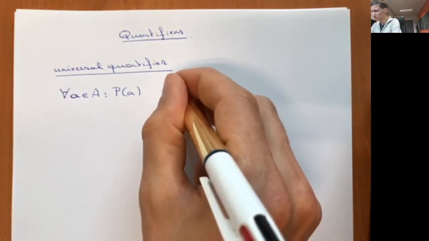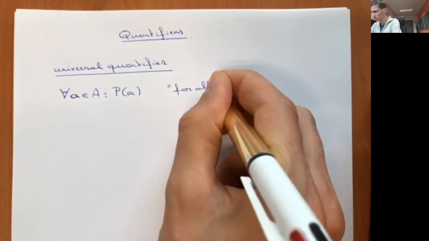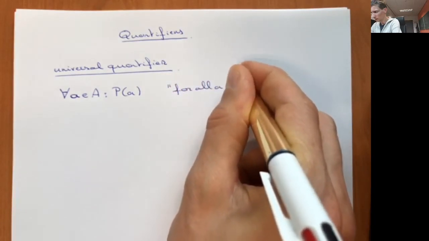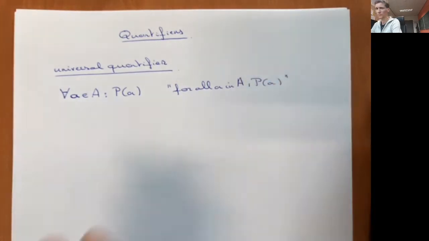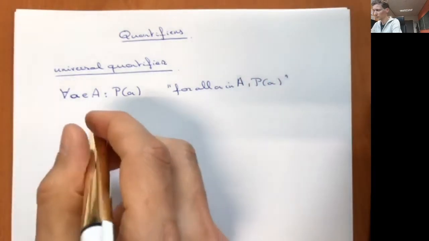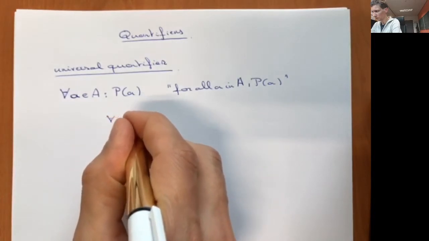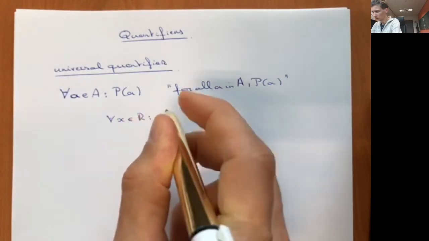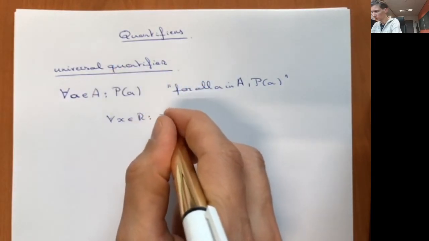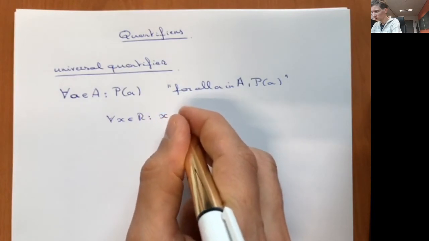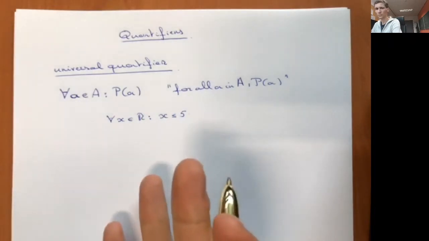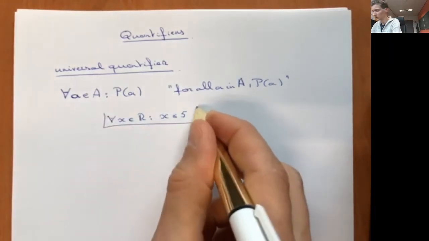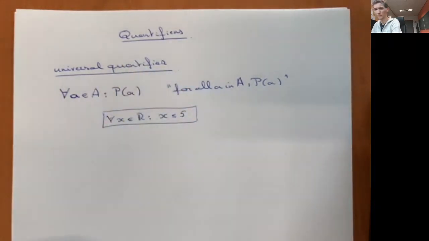We say that for all a in A, the formula P(a). For example, for all x in R, and then a formula, for example, x is lower or equal to 5. Okay, this can be a formula. Of course, this is false, but this is a valid formula with a quantifier.